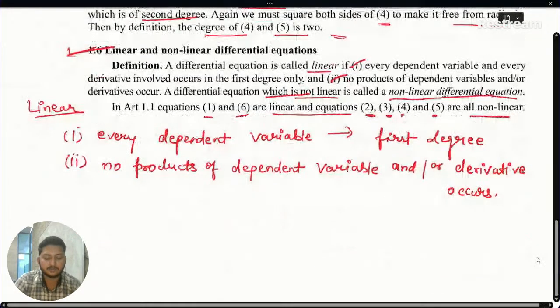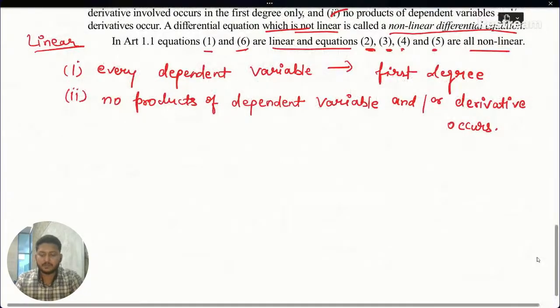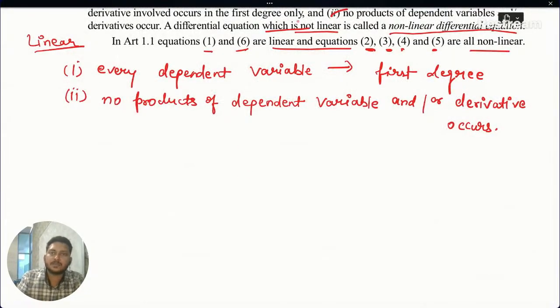Now come to some solving problems. Here is a problem given. Let me make it bold so everything is clearly visible.